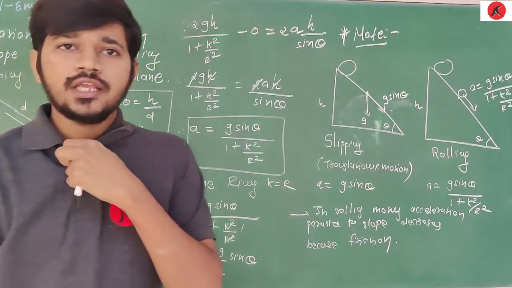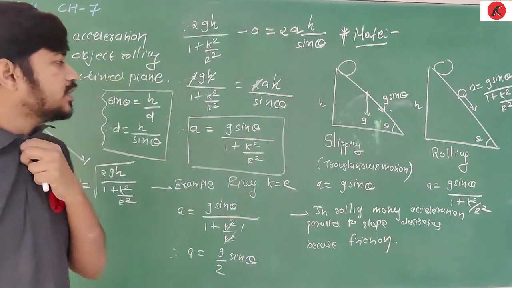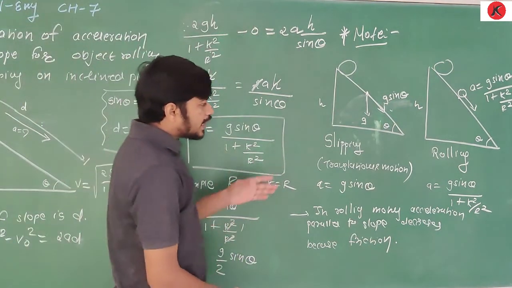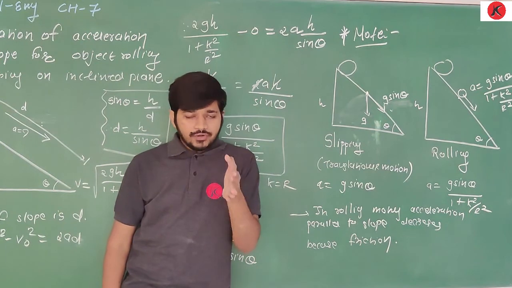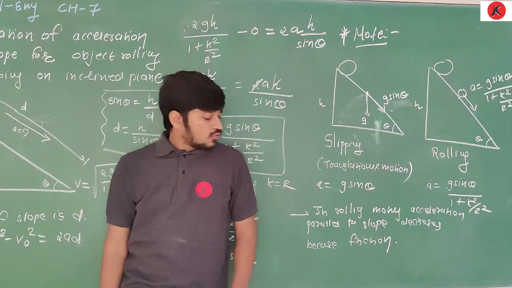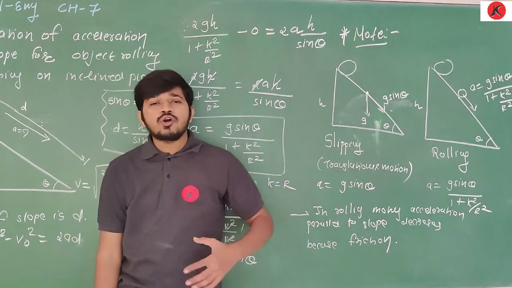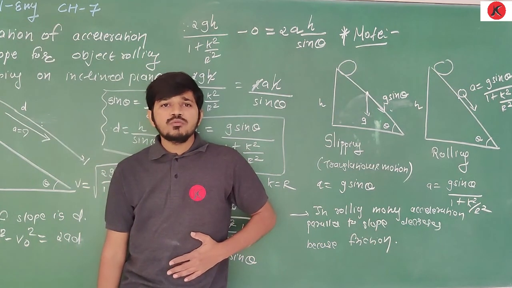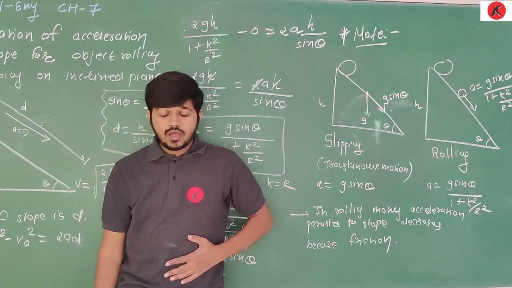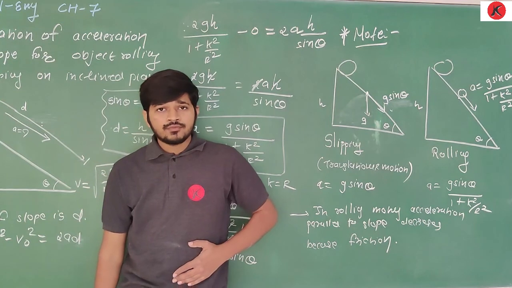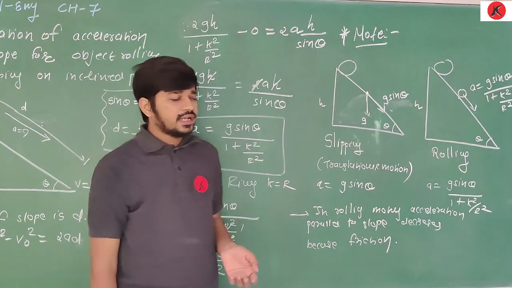Clear about this? And due to that friction it is rolling. So what is the friction force acting on the object while it is performing rolling motion? We also have to obtain that equation, and we will obtain this equation in the next lecture.